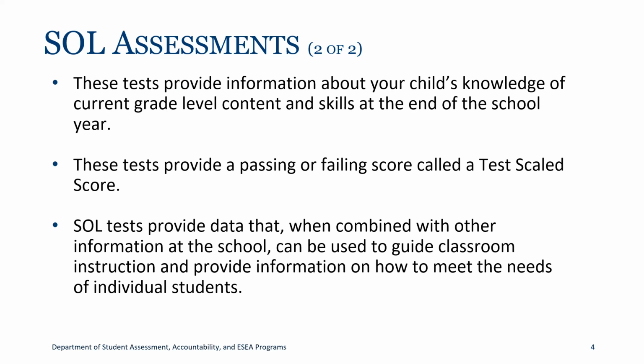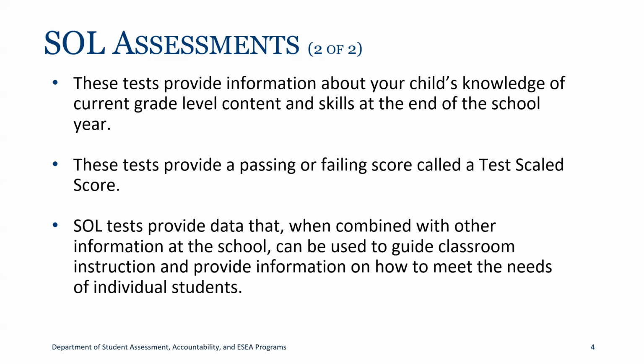The SOL assessments are given at the end of the school year. They provide information about your child's knowledge of current grade level content and skills at the end of the school year. The tests provide a passing or failing score called a test scaled score.